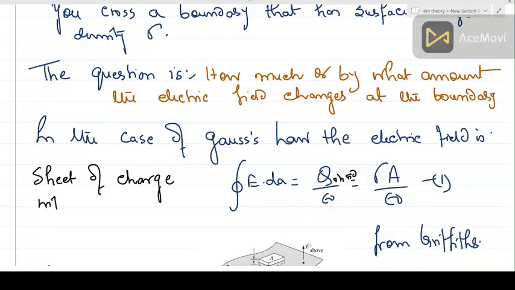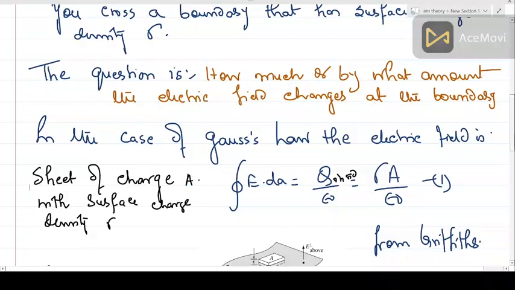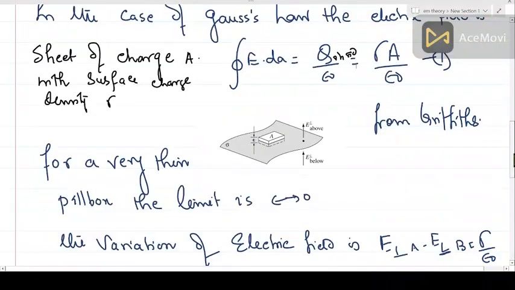The sheet has area A, so the total charge enclosed is sigma A. Now from Griffiths I have taken this diagram to save time.